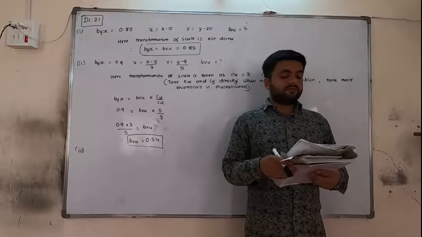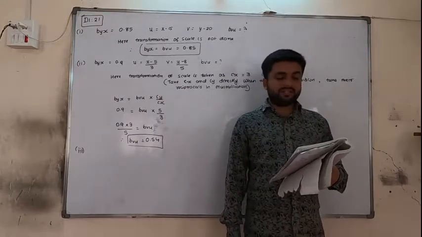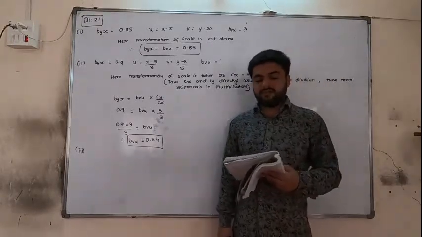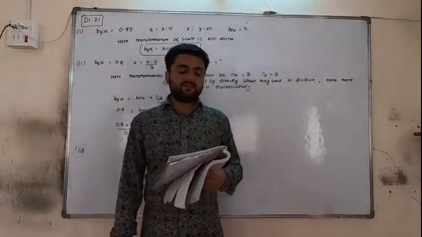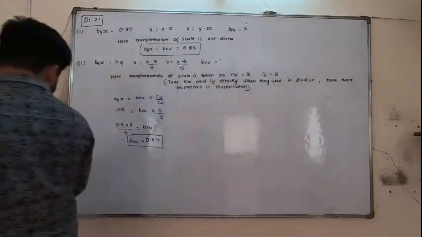If u is equal to 10 multiplication, x minus 4.5, v is equal to y minus 50 upon 10, and Byx is 0.25, find the value of Bvu.